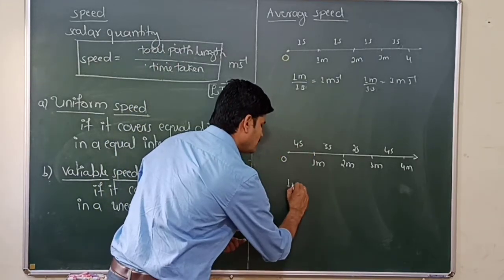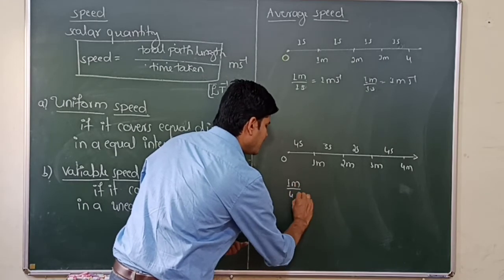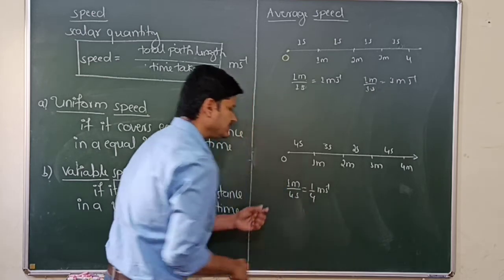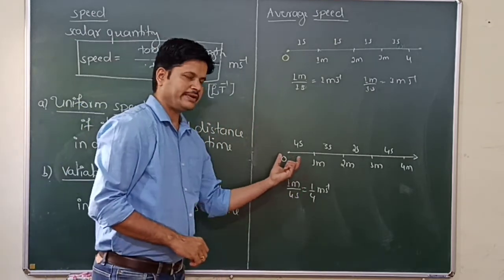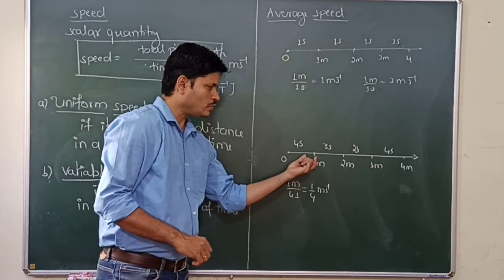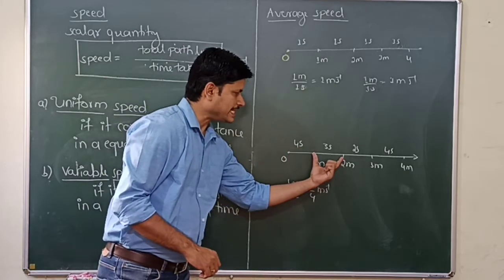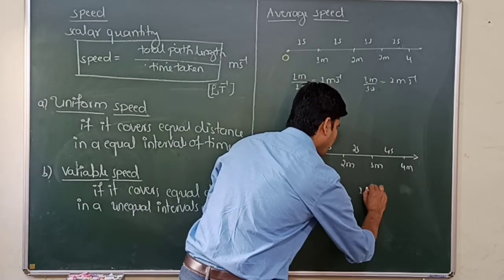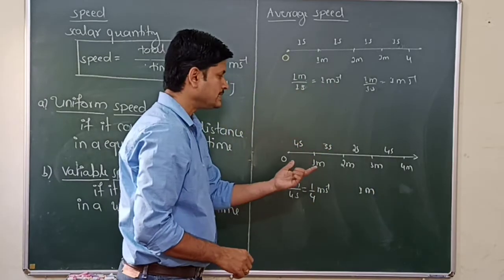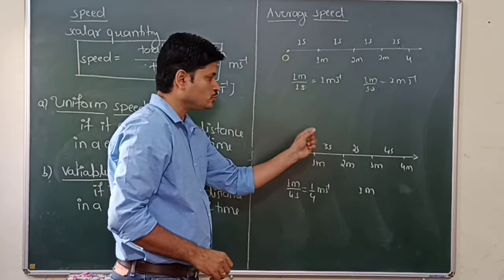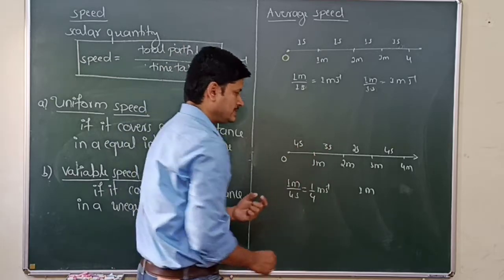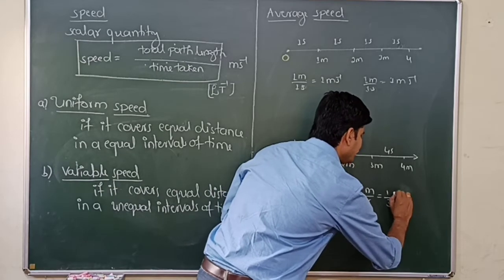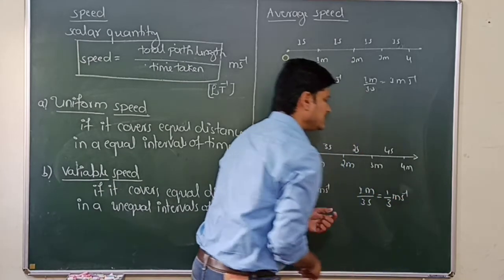Simply it is 1 meter divided by 4 seconds, that is 1 by 4 meter per second. This is the first speed when it covers from 0 to 1 meter. Look at the second meter: it covers 1 meter only, but it takes 3 seconds to cover that distance, that is 1 by 3 meter per second.